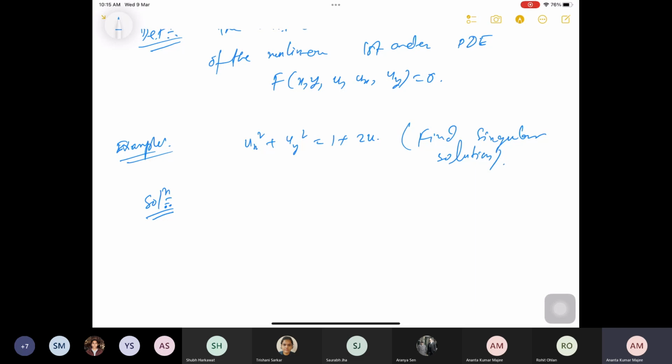First, you need to find the complete integral of your given PDE. So you need to find, in this case, what is your f of x, y, z, p and q. If you write it down, this is p squared plus q squared minus 1 minus 2z. So f of x, y, z, p, q gives you 0.